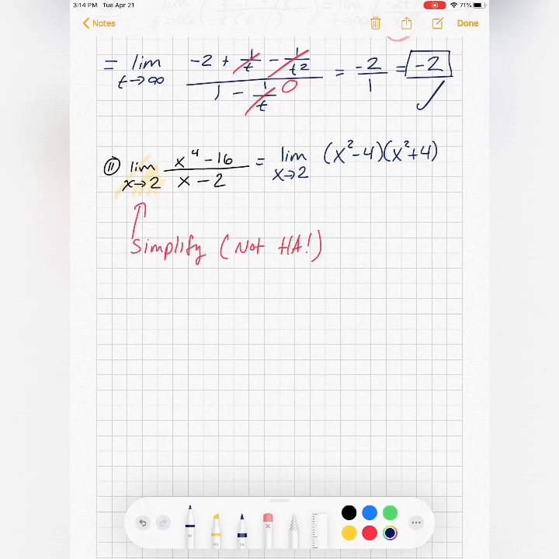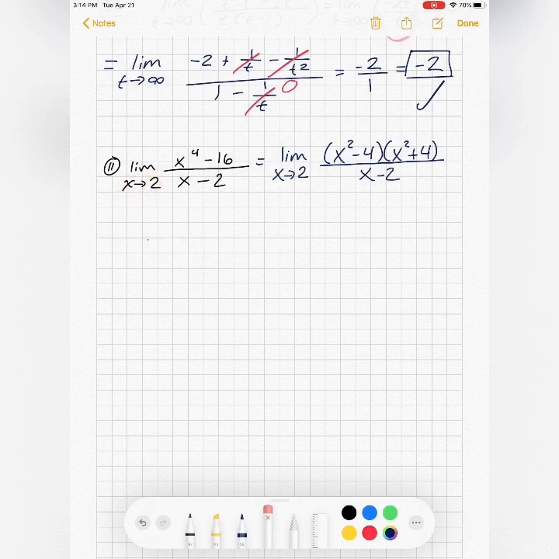So I have a fancy difference of squares at the top. Okay, and then looks like I have another difference of squares here.